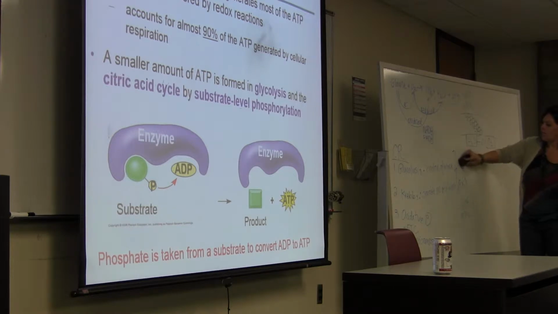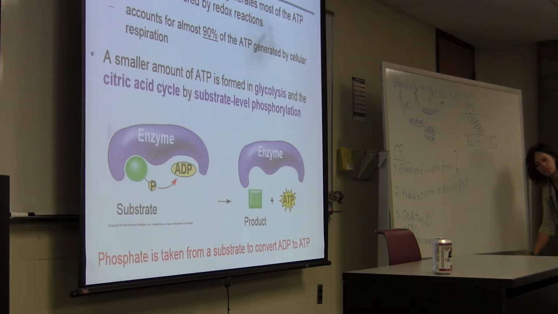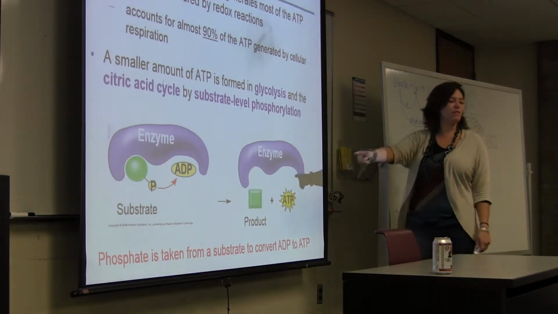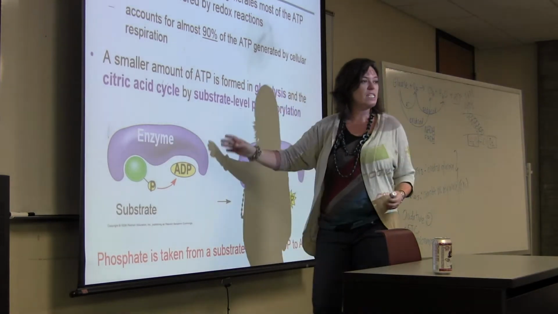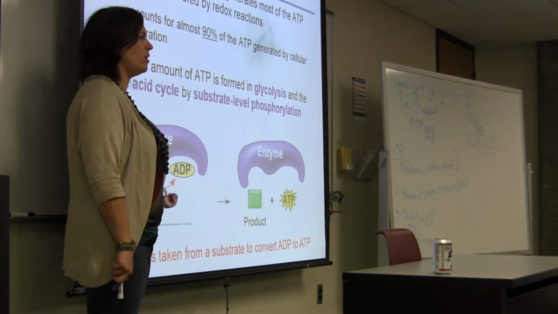And so in substrate level phosphorylation, it's a way that's used to make ATP, but you have an enzyme that has a substrate that's been phosphorylated, all right? And so this is going to be one of those enzymes in the pathway, and that enzyme just happens to have a phosphate group on it.